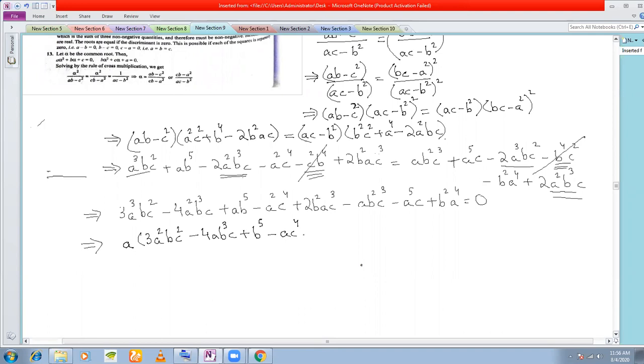And twice b square, a like term between, minus e to the power of 4c.